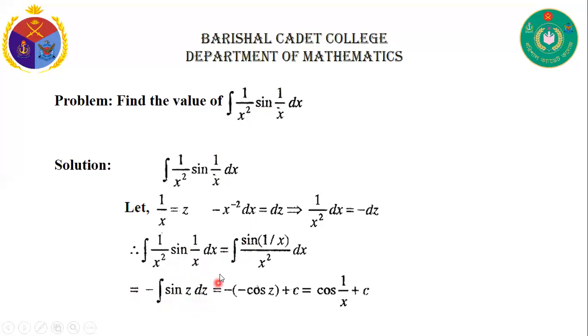And after integrating, we know that it is very simple. The integration of sine z is minus cos z, so minus and minus cancel out, that is cos z plus c, and putting the value of z, we get cos 1 by x plus c. So boys, see, integration is really interesting. You have to first identify what we have to choose.